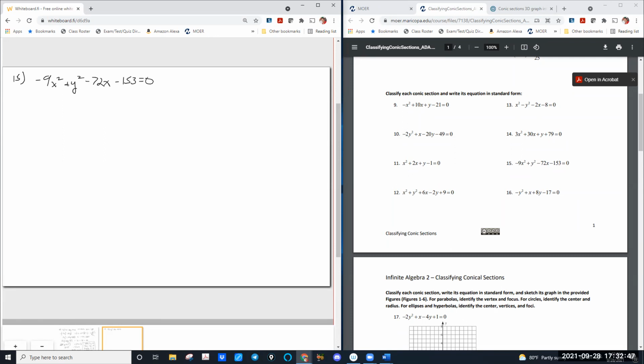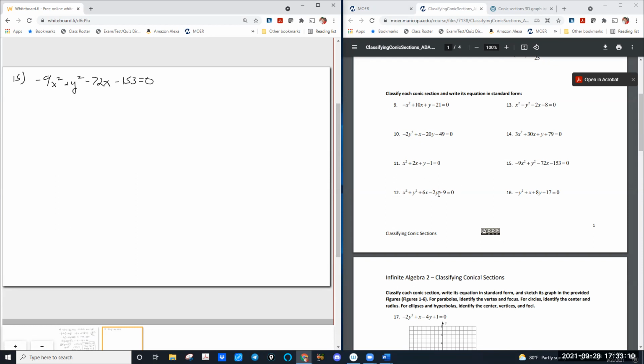And the x squared and the y squared have different signs. All right. If they had the same sign, it's either an ellipse or circle. And the only way it's a circle is if the x squared and the y squared have the same coefficient. If they have different coefficients, it's an ellipse. So you can tell what you have without having to do completing the square.